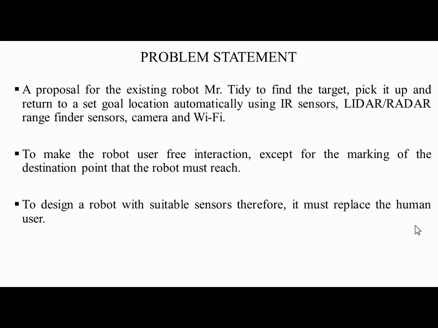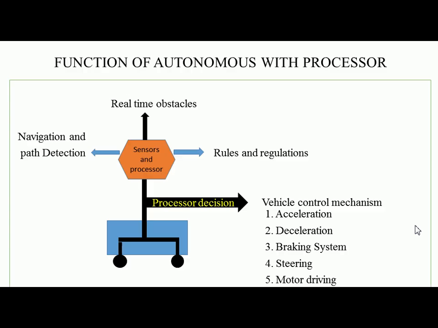At present, Mr. Tidy is a human interface robot which can grab objects but is operated manually by the human. My other problem statement is to design a robot with suitable sensors, so that it can replace the human user. I want to implement suitable sensors which are cheap in cost, with the function of autonomy with the processor.